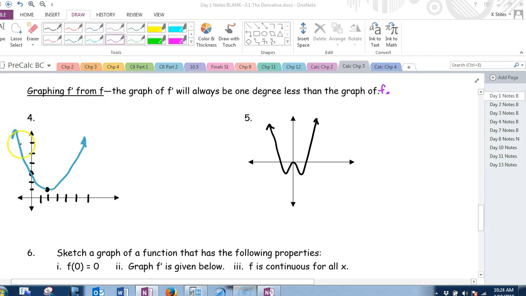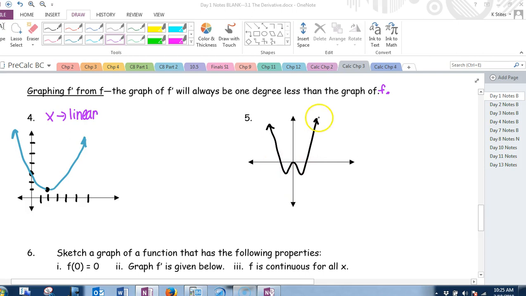So for example, this first function here is a parabola. It would have a degree of 2 in x squared. So when we graph the derivative, we will have a degree of 1, meaning our graph should be linear. Okay, our derivative will be a linear graph.